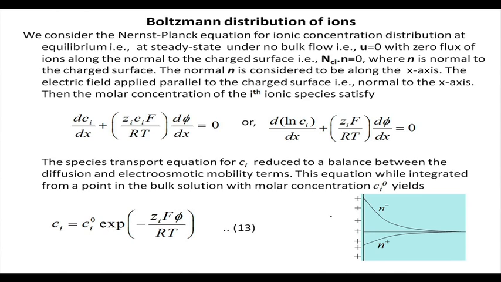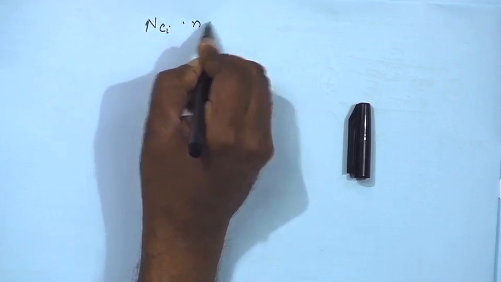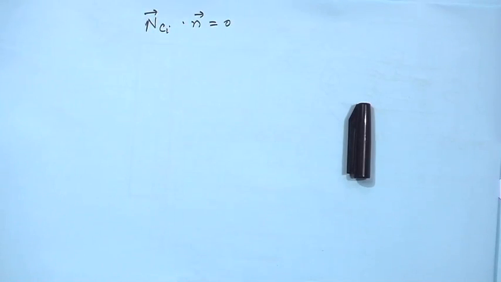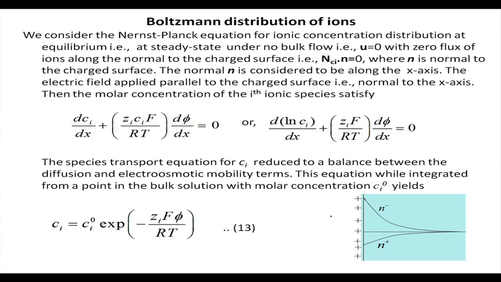That means this is written wrongly, it should be n·J_i equal to 0. So, here it should be n·J_i equal to 0 and in a steady state situation.